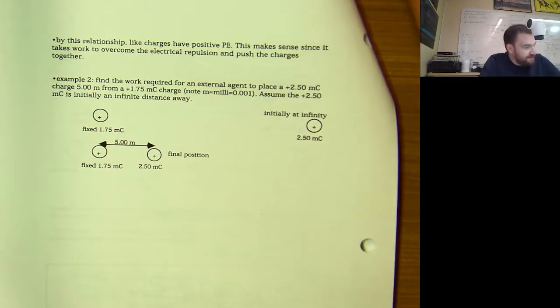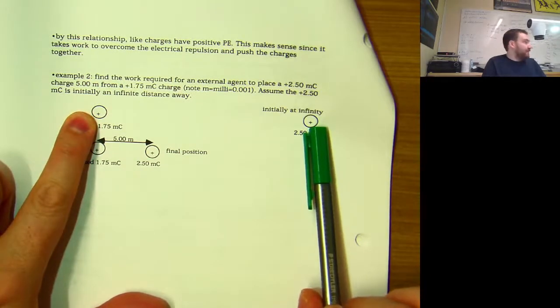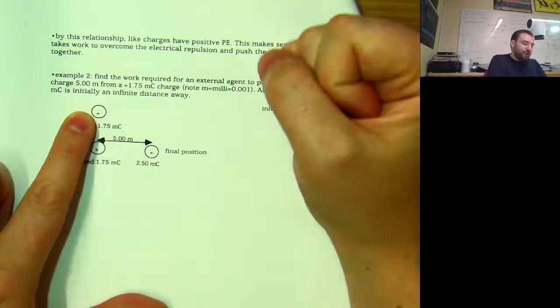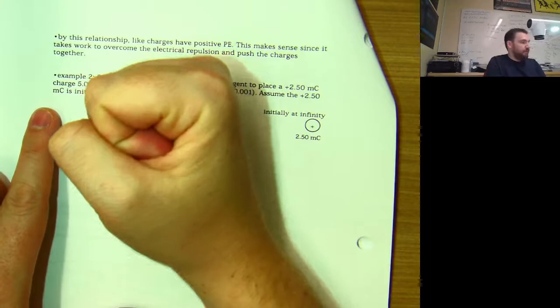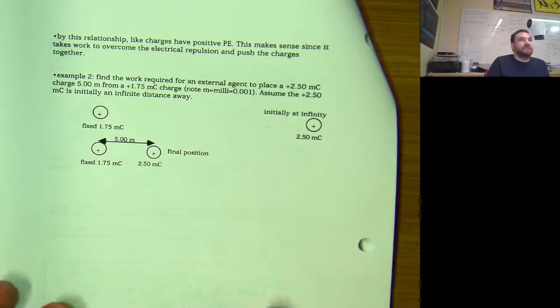So this is the same setup, except now I've got two positive charges. So it's not going to take work for me to separate them. They're going to do that very well on their own. It's going to take me work to take this positive one and say, no, you're going here. Like shoving a cat and a dog together.